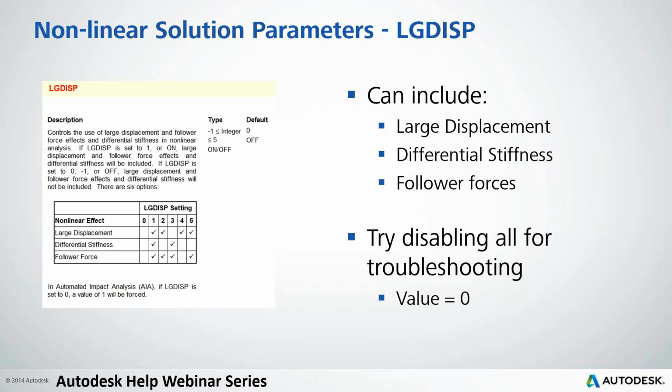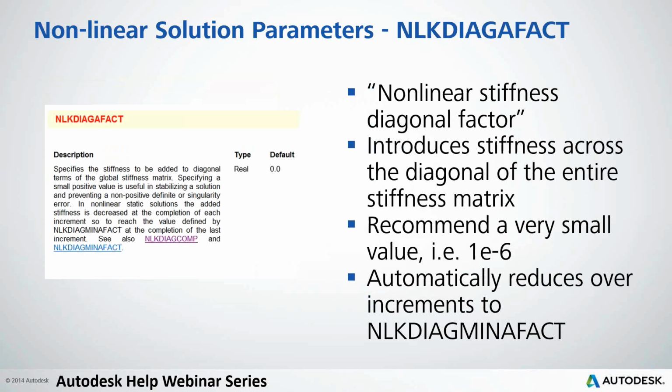Next up, we have NLK Diag, again a nonlinear solution parameter, and like contact stab, what this does is it adds some very small stiffness to the model, except instead of doing this on just the contact surfaces like contact stab, this is going to do this across the entire model. So you're adding a very weak stiffness to the entire model.